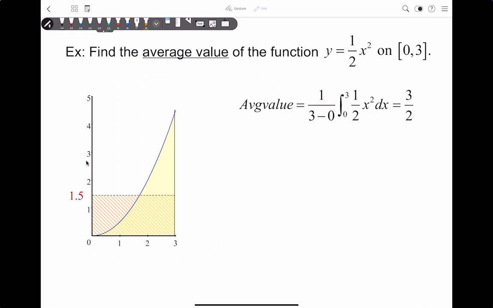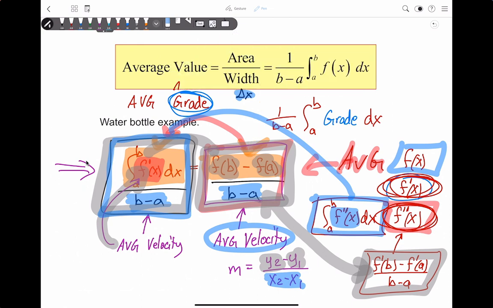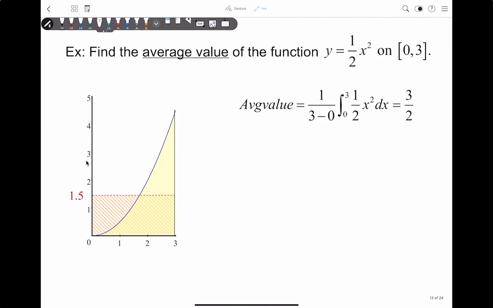So again, something that I want you to correlate right now is this equation at the very top. It was the area divided by the width is equal to that, that calculus interpretation. So this area divided by the width is over here, highlighted with all these red lines.